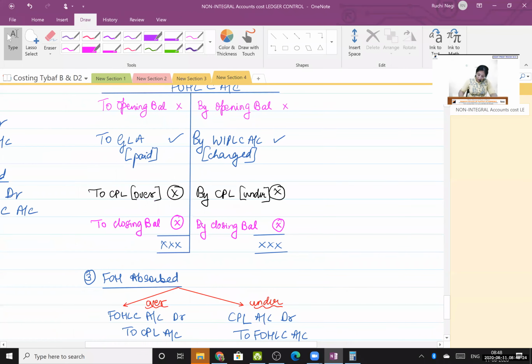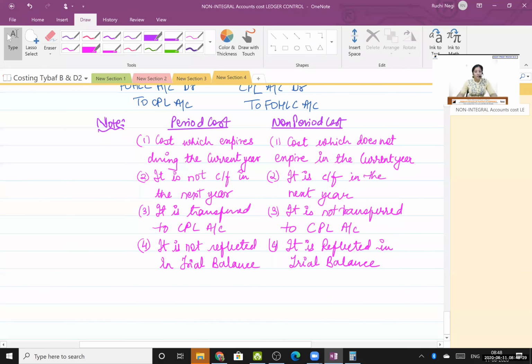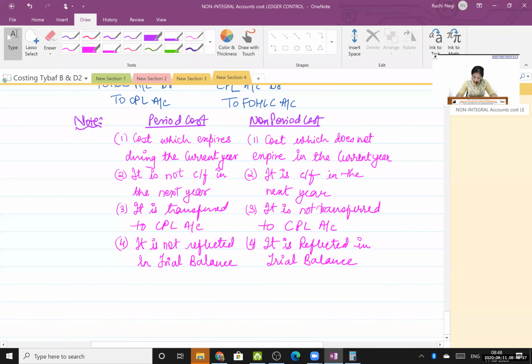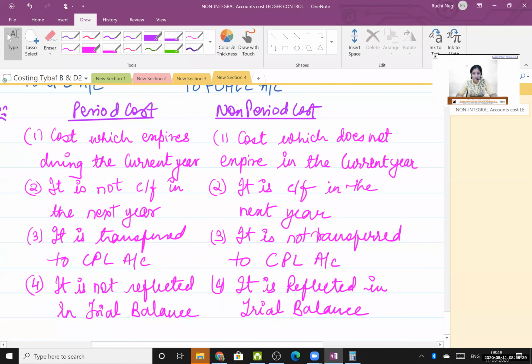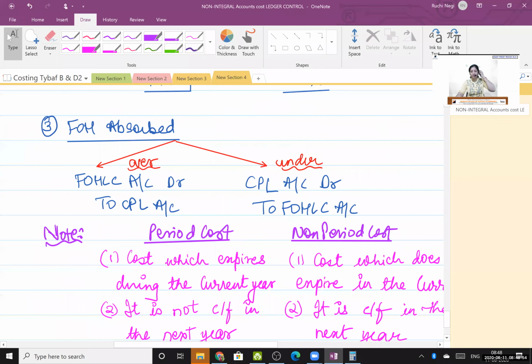So when you're solving sums, you have to be attentive. The factory overhead, selling and distribution, admin overheads is there in the trial balance or not. So if it is there in the trial balance, means it is a non-period cost. And if it is not there in the trial balance, means it's a period cost. So the non-period cost है तो क्या? तो CPL में balance नहीं जाएगा, तो फिर ये entry नहीं आएगा under absorption and over absorption. Okay.